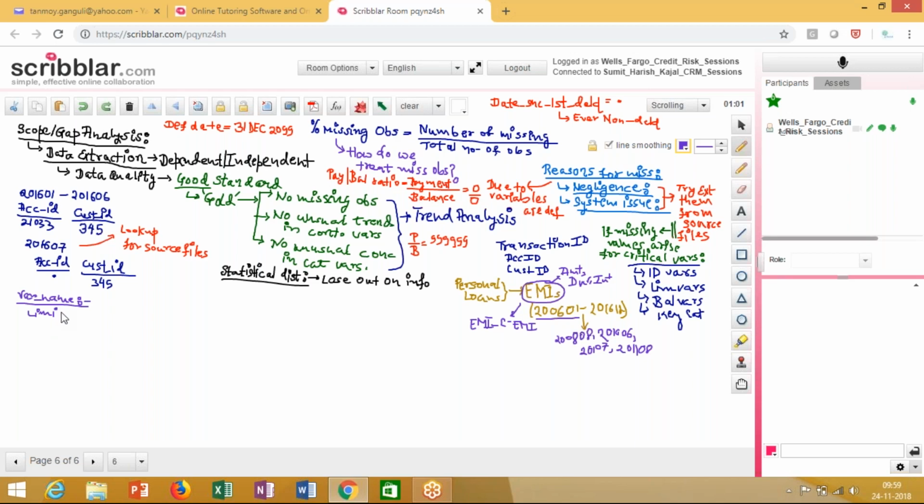For this variable limit, let's say this is credit card data, right? For this variable, on a month-on-month basis, I'll compute whether it has any missing values or not. Let's say I am using the data from 2006-06 to 2017 December.